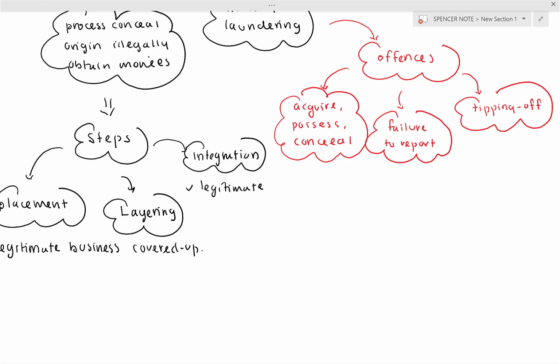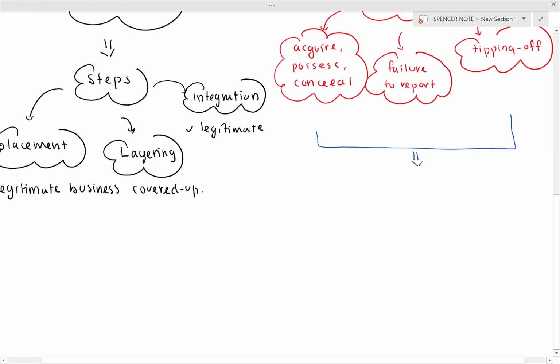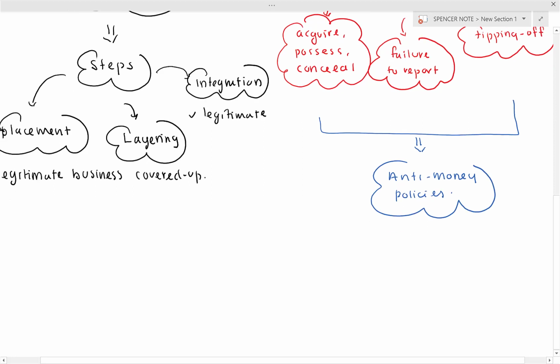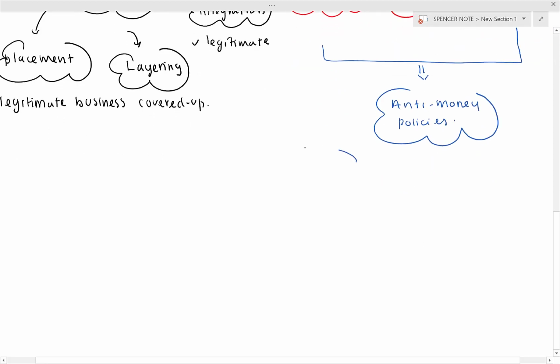Okay, so given that an auditor or accountant is exposed to great risk of money laundering offenses, ACCA has come out with anti-money laundering policies and procedures. There are several aspects. The very first one is in terms of internal control.